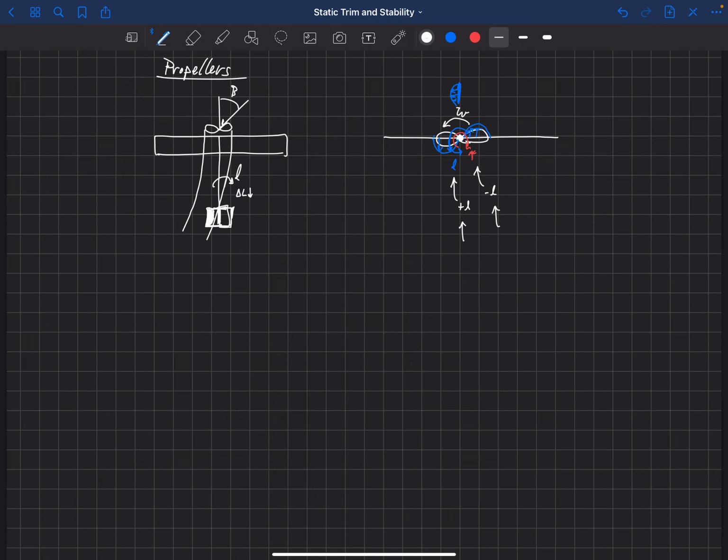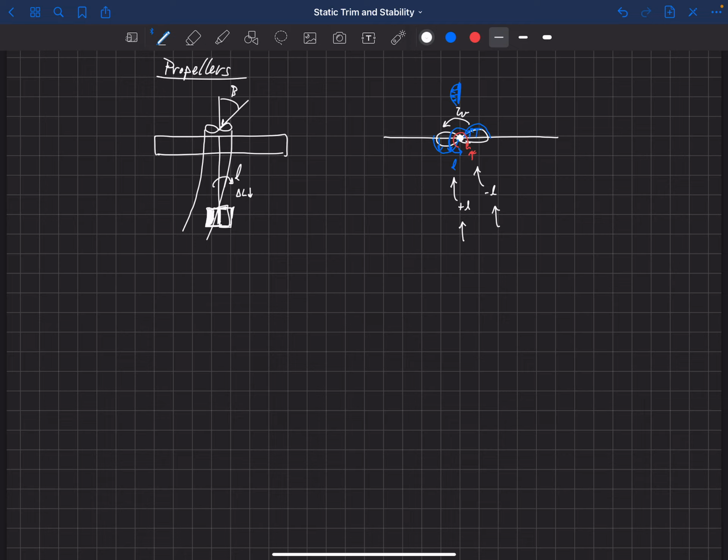Now, some of this can be overcome by simply using more than one propeller on the aircraft and rotating them in opposite directions, and then a lot of these effects actually cancel out because you have the same equal and opposite on the right-hand side of the aircraft as you do on the left, and so the aerodynamic and the torque effects would cancel out. But for single propeller aircraft, which are very common, this is something that you should be aware of.